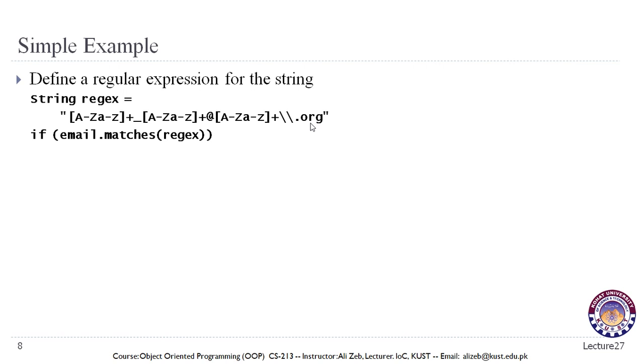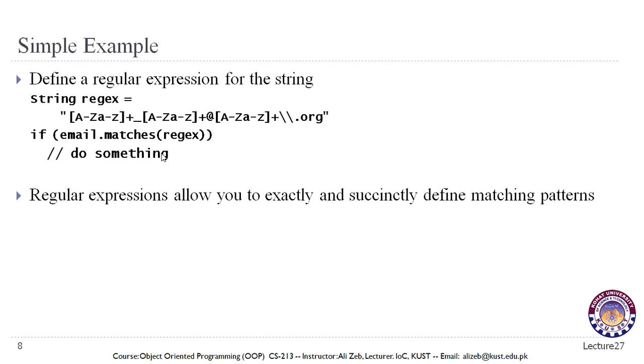If the email matches this regular expression, now matches is a method of the string class. Email is our string, matches is a method of the string class, and if our email matches the expression that we have defined, then do something.